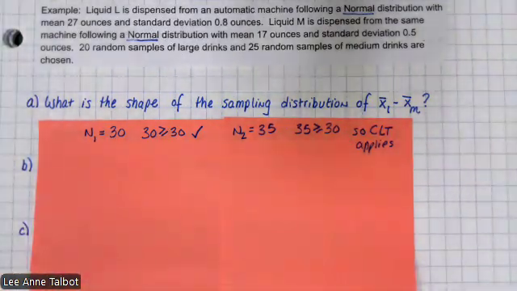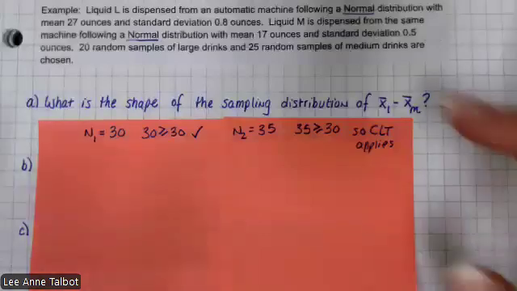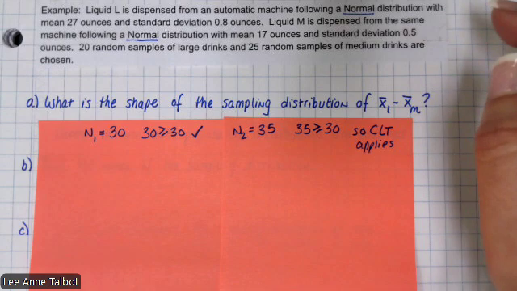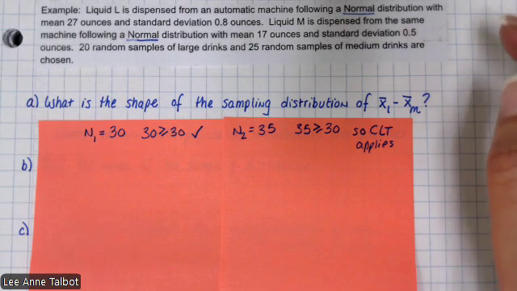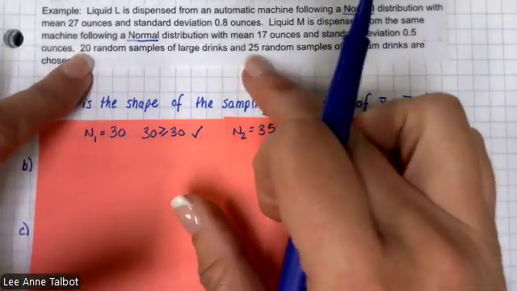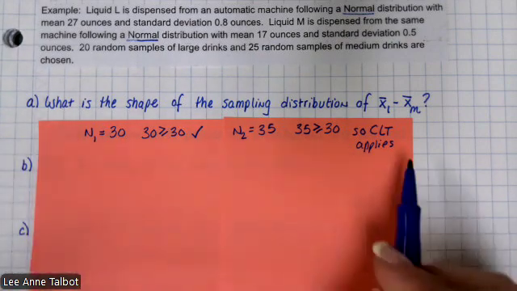Do you understand how to answer that question, if it was about CLT? This particular example is not, but if it was, that's how you would answer it. Does that make sense? If it didn't say normal and these were bigger numbers, then you would say normal because of this.